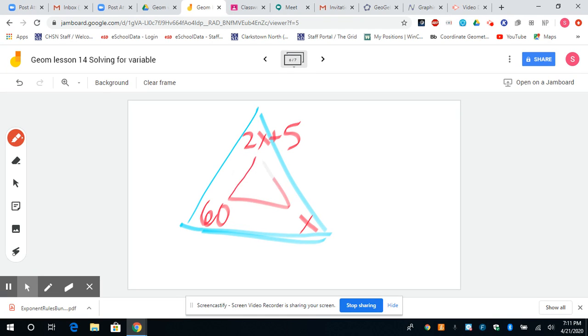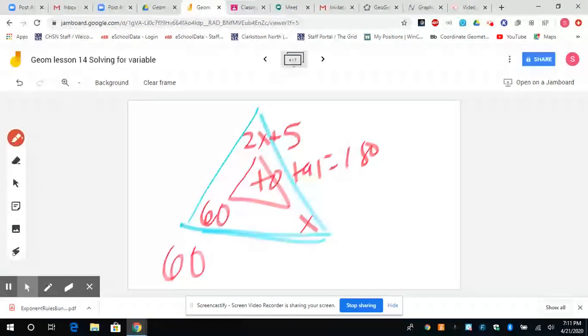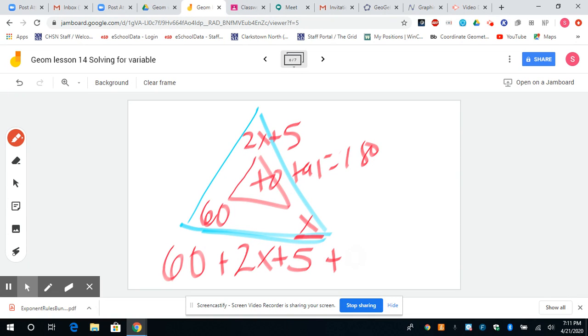Well, you know the total is equal to 180. So you can add all these up. You can say, all right, well, 60 plus 2x plus 5 plus the x, because that's what you're solving for, equals 180. Again, combine like terms, get x by itself.